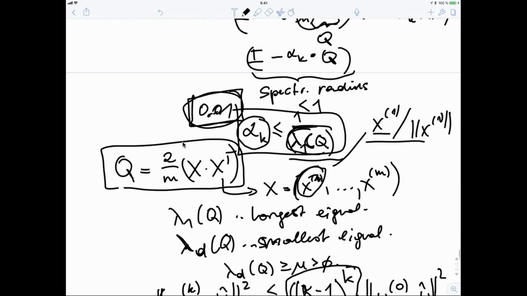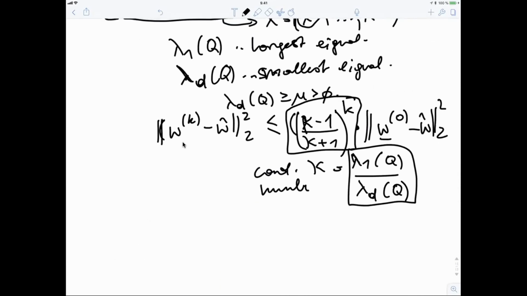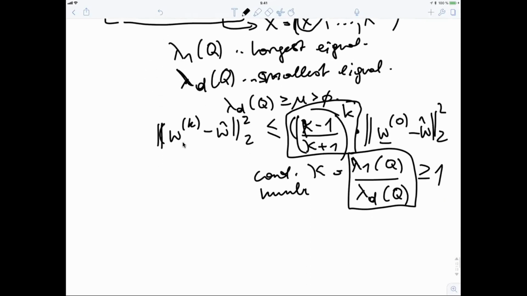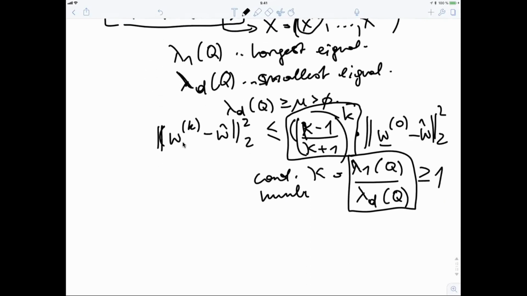And the smaller this condition number, which is always larger or equal than 1 by definition, the better. In the extreme case, if the condition number is 1, if we insert 1 here, we get 0. So this would mean after one step, you're at the optimum already. And this is rare. So in practice, we have condition numbers larger than 1, and typically, or unfortunately, often much, much larger than 1.